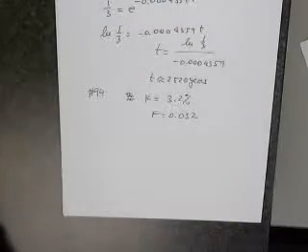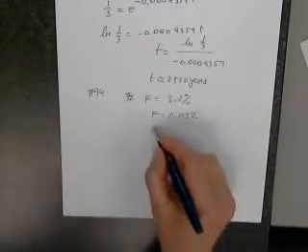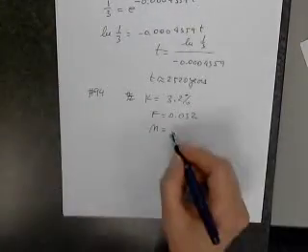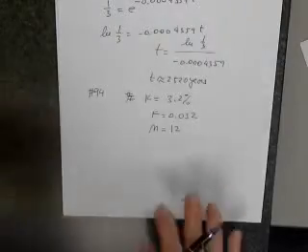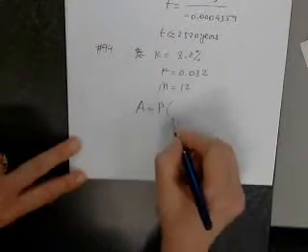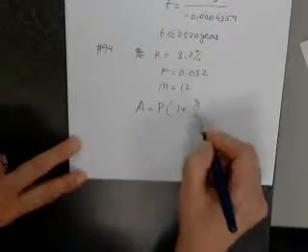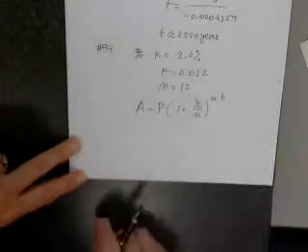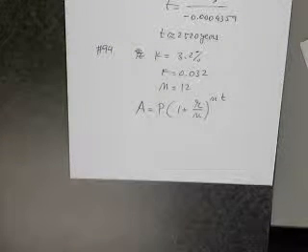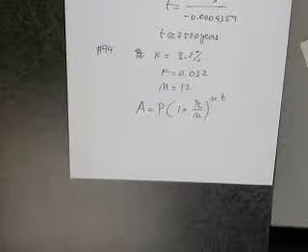And the compounding frequency is monthly. How many months are in a year? Good. I will add the following formula. That is the APY.